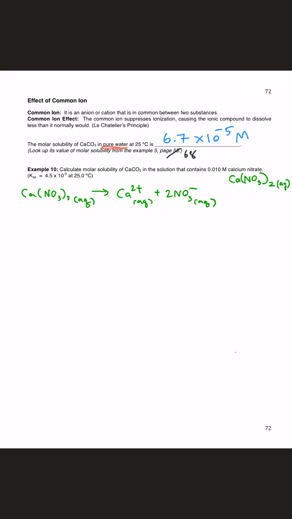So that means if you look at the stoichiometric ratio here, you can see that every 1 mole of calcium nitrate would give off 1 mole of calcium ion and 2 moles of nitrate ion.